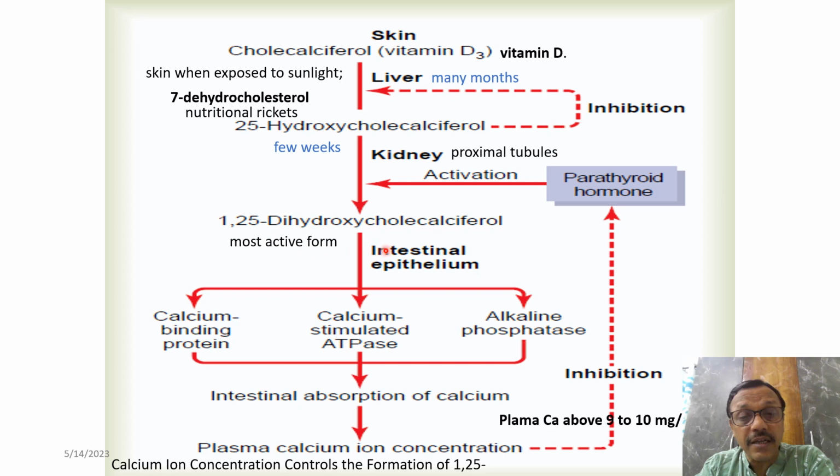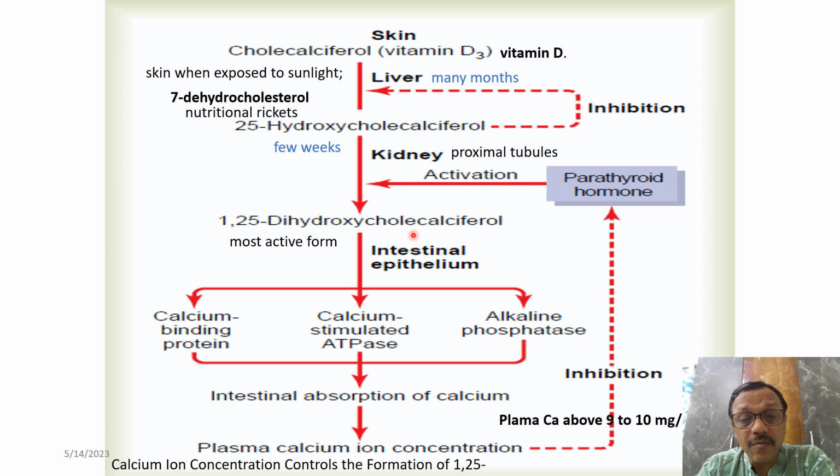So what does this active form of vitamin D do? It has three functions. It goes to the bone, and in the bone it helps with the reabsorption of calcium from the bone.